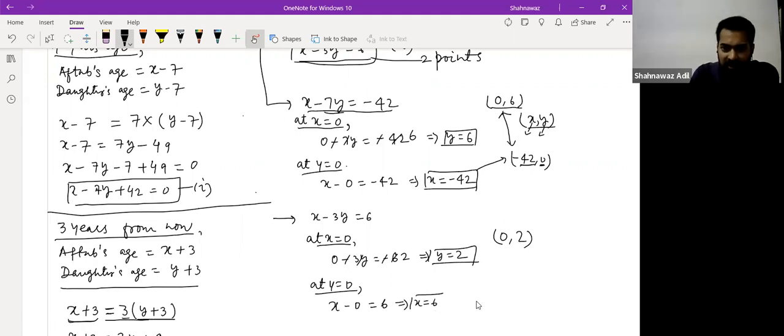So what will be the point, Adil? x is 6 and y is 0. Yes, right. 6 and 0, right? So we have found 2 points for this line. So now the last thing remains that we have to draw it on the graph, right? I will do a rough diagram for this.